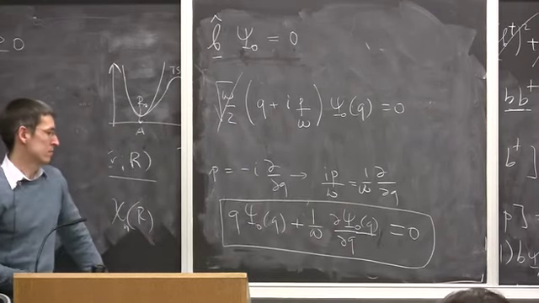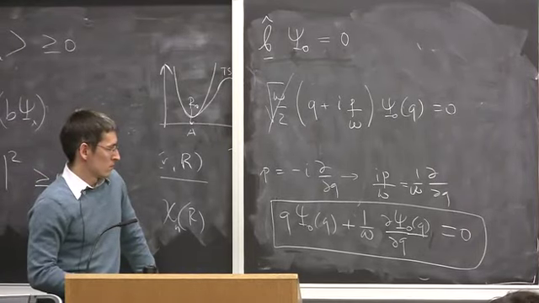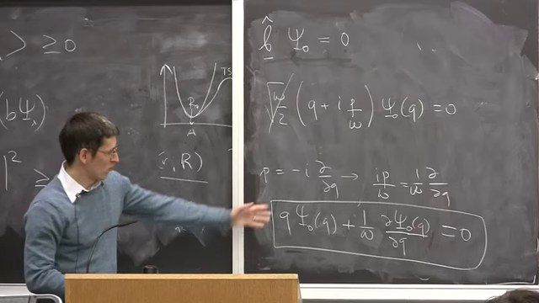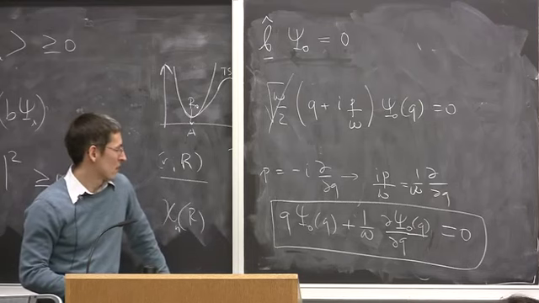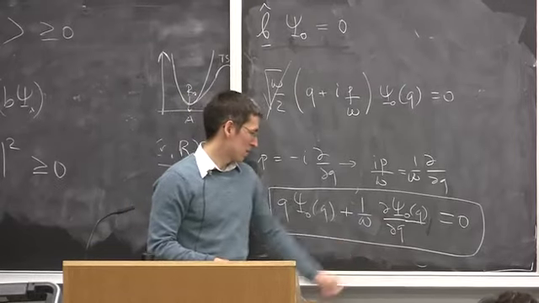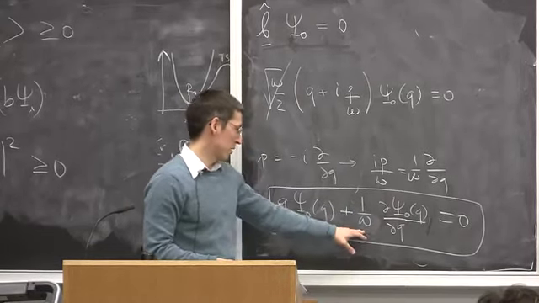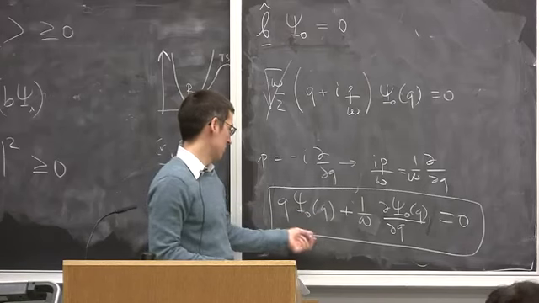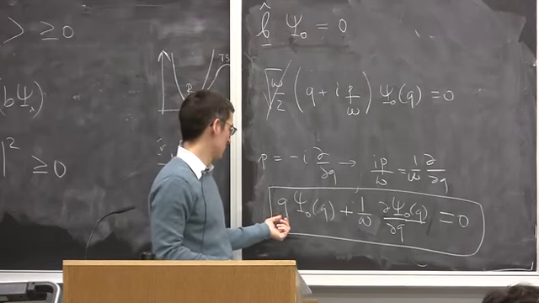Okay. So can you solve this equation? It's actually a first order differential equation. You have the derivative of the function multiplied by some constant equal to the same function multiplied by a coordinate with a minus sign.